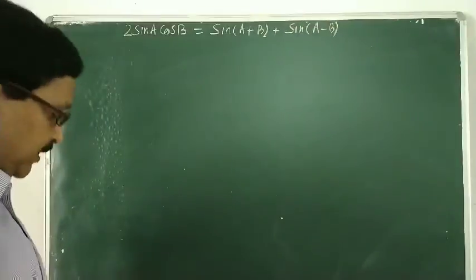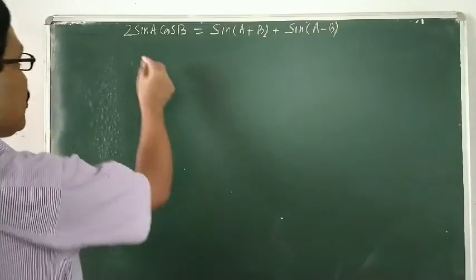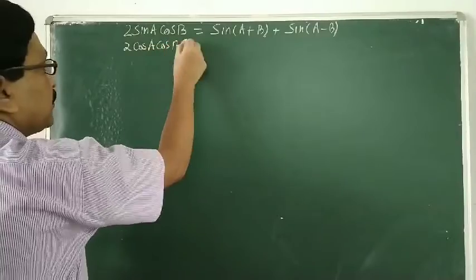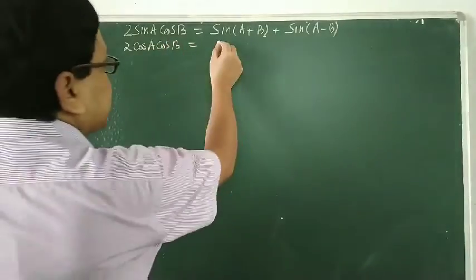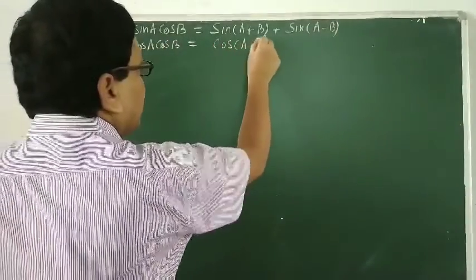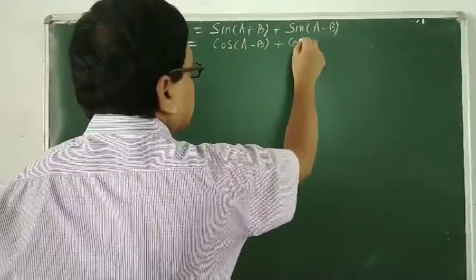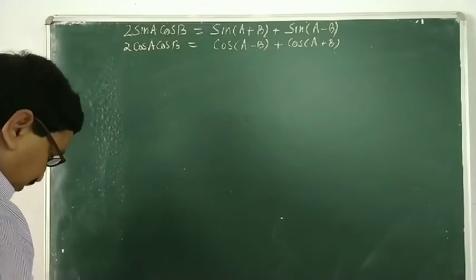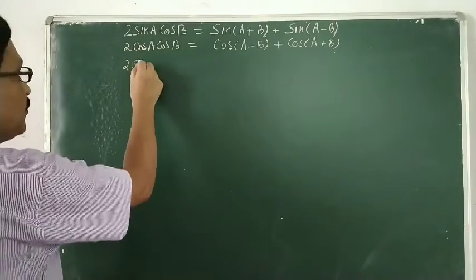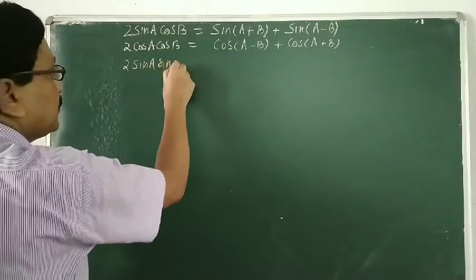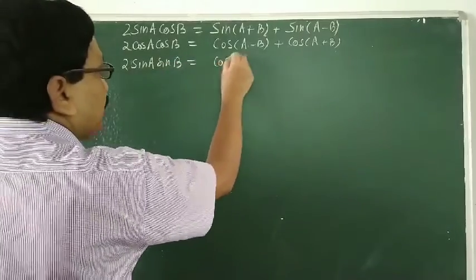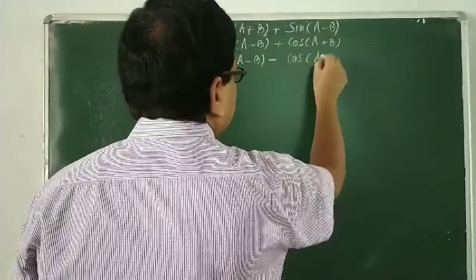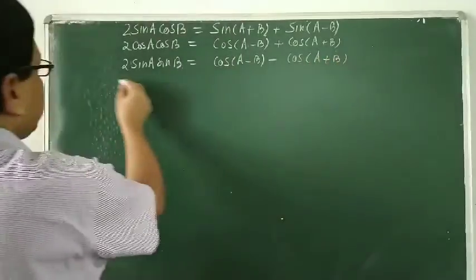Then second formula, 2 cos A cos B is equal to cos (A minus B) plus cos (A plus B). Next formula, 2 sin A sin B is equal to cos (A minus B) minus cos (A plus B). So these are the three referred formulas.